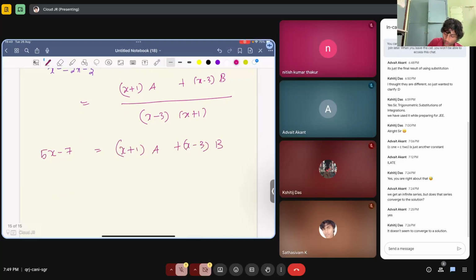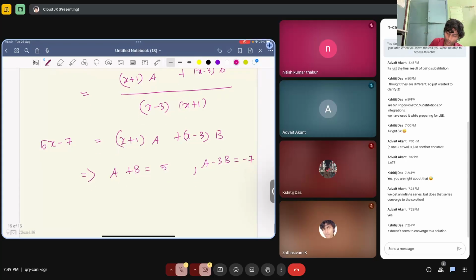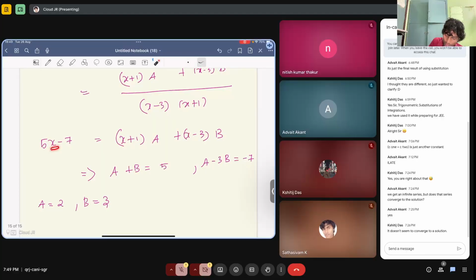From here, if you compute, you get equations of the type a plus b is 5, a minus 3b equal to minus 7. So from here you can compute a equal to 2, b equal to 3. How do you compute? You just multiply here and then compare with this. Probably you look at what happens with the x here.